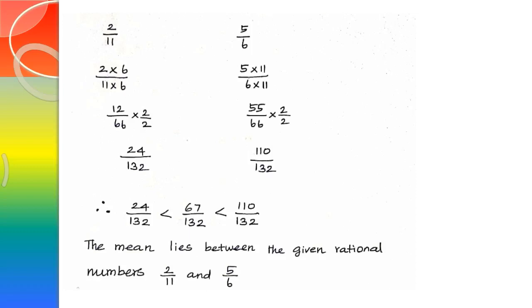Multiplying by 2 because we need the mean: 12 into 2, 24 by 132, and 55 into 2, 110 by 132. In between number, 24 by 132 is less than 67 by 132 and it is also less than 110 by 132. The mean lies between the given two rational numbers 2 by 11 and 5 by 6. That is verification of the question.